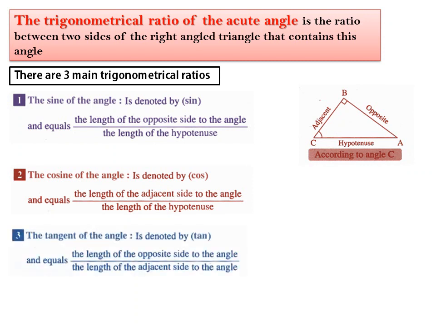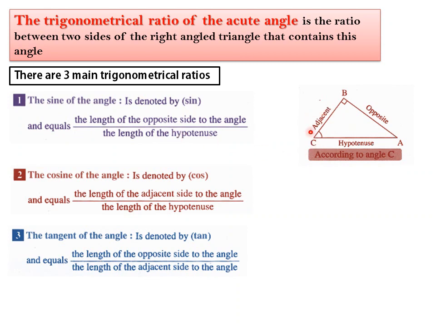The last ratio in this lesson is the tangent. The tangent of the angle is denoted by tan. Tan, or tangent, equals the opposite over the adjacent. Again, sine is opposite over hypotenuse.